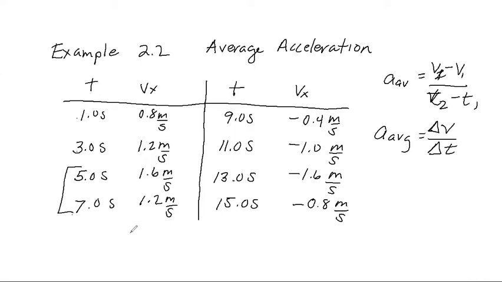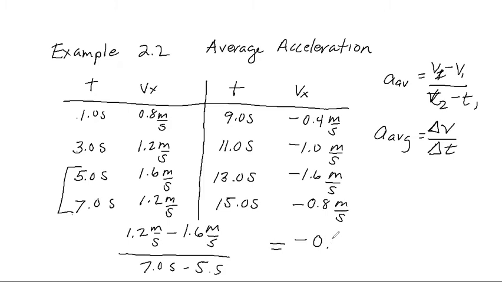All right, so our final is 1.2 meters per second minus 1.6 meters per second divided by 7.0 seconds minus 5 seconds. And here we will get a negative 0.2 meters per second squared.